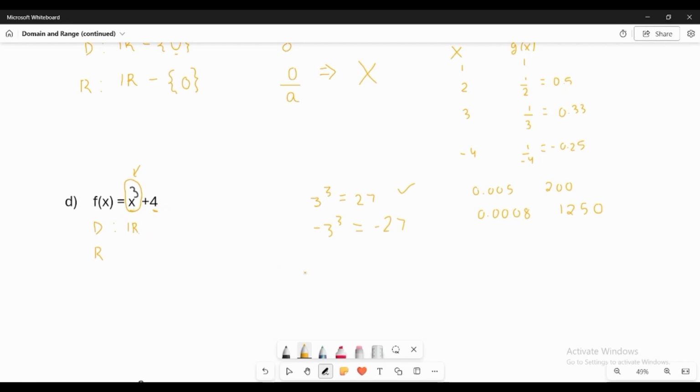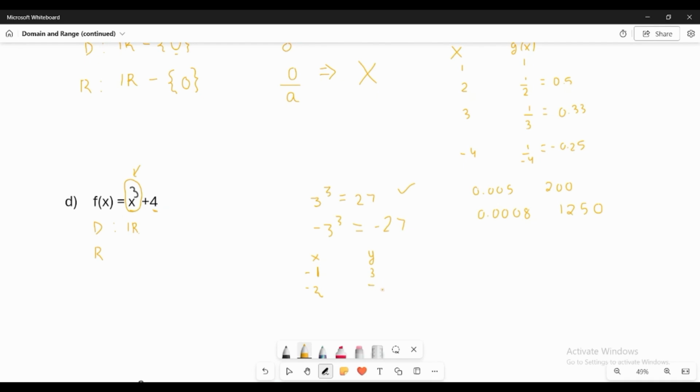Let's say x is negative 1. If x is negative 1, then your f of x will be negative 1 plus 4. That would be 3. If your x is negative 2, then your f of x will be negative 8 plus 4.